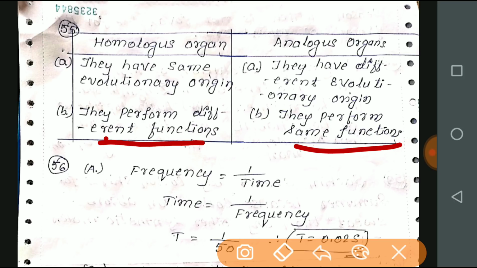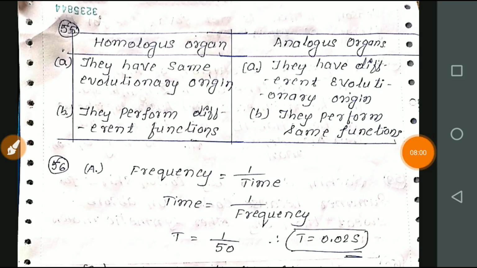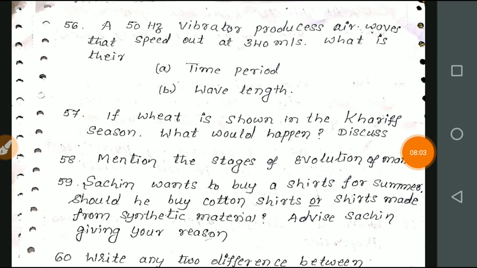So these are the differences between homologous and analogous organs. Next question. A 50 Hz vibrator produces air waves that speed out at 340 meter per second.